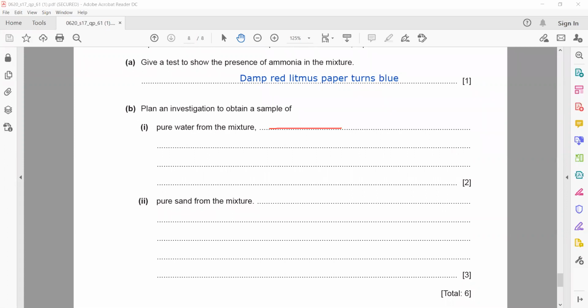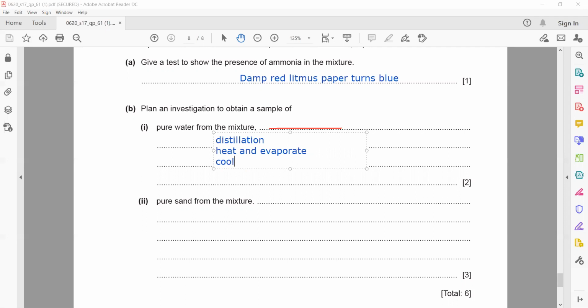We'll heat and evaporate the water, then we will condense it by a condenser.